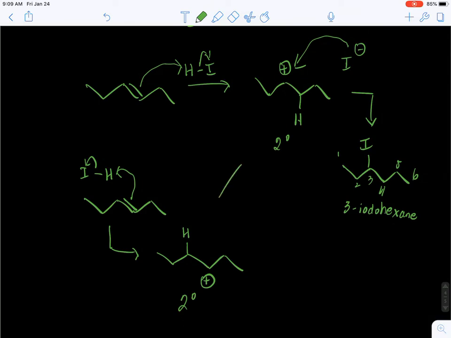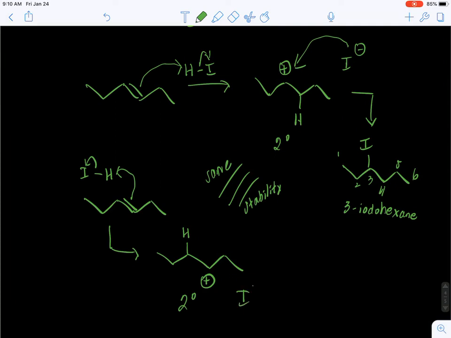So these two are equivalent in stability. So just looking at these, we can't say which one's more stable or not. Now, they're actually equivalent. Let me show you why.